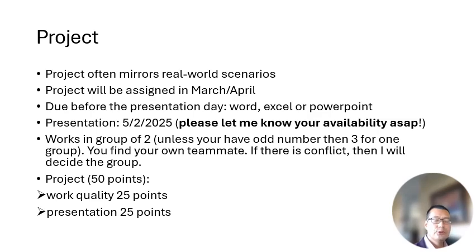And for this project, you will work in a group of 2, unless we have an odd number, then there will be one group that has 3 persons instead. You can find your own teammate, but if somebody cannot find a teammate, or if there's some conflict, then we'll have to decide a group for you.